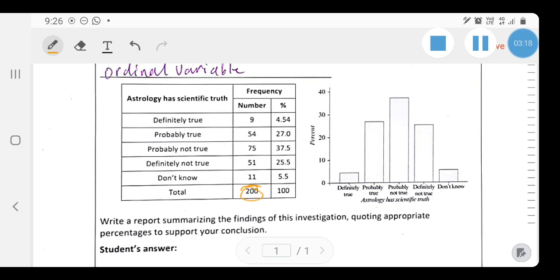So, you know, a lot more accurate than a survey done on just a regular class of 25 people. But nonetheless, we usually do it. And the result's really interesting, actually. If you want to know where I fall, I would say astrology has no scientific truth. So definitely not true would be me.